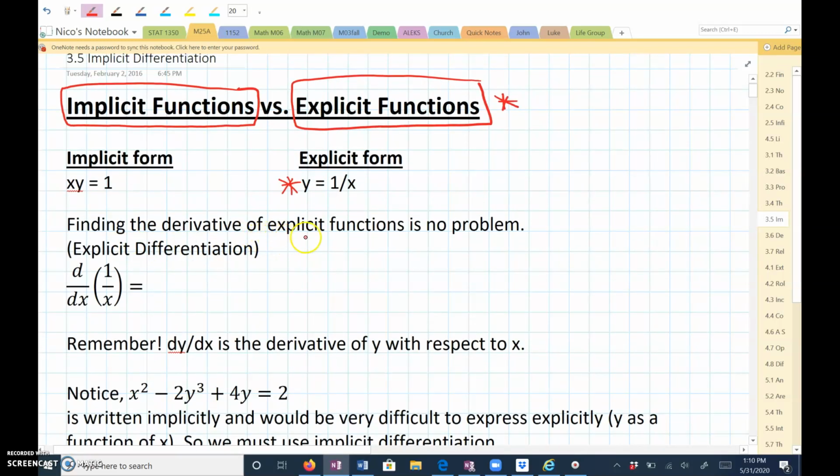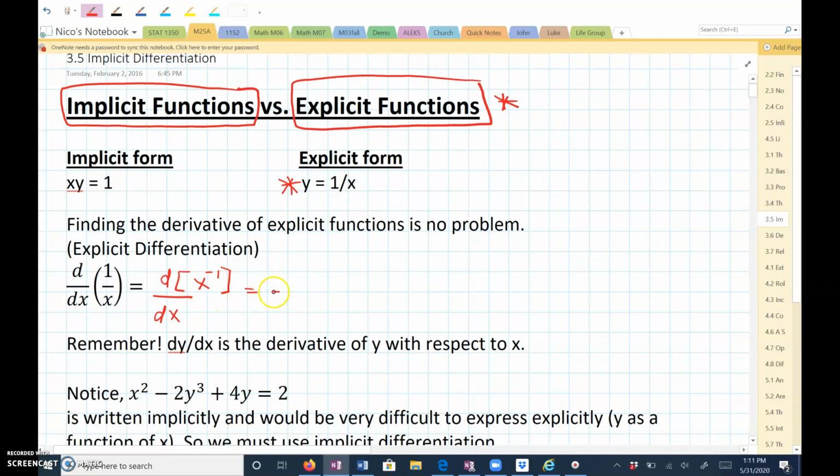Finding the derivative of explicit functions is no problem, right? So if I ask you to find the derivative of this explicit function here, we could think of this as the derivative of x to the negative first with respect to x.